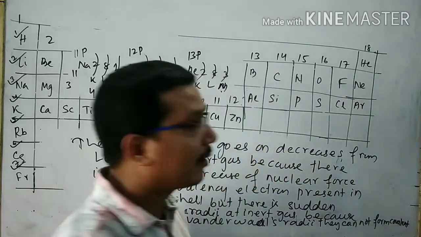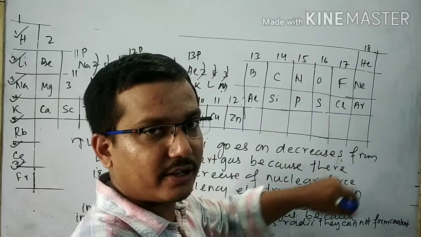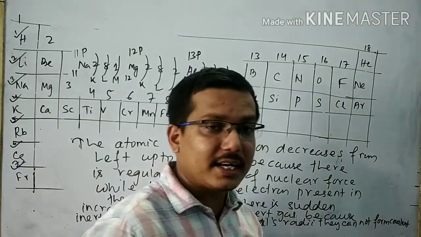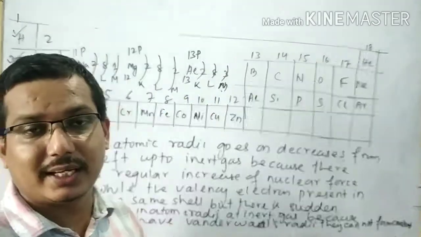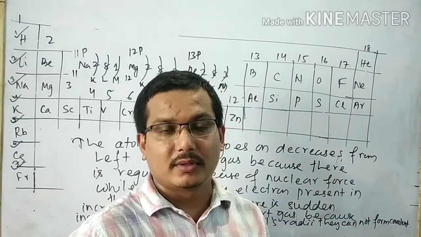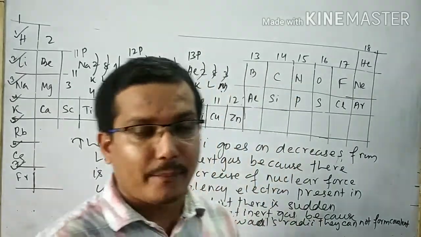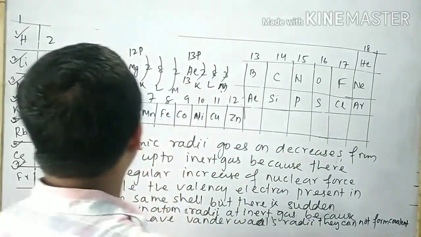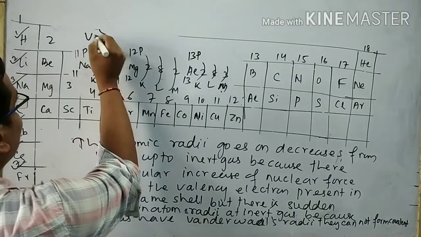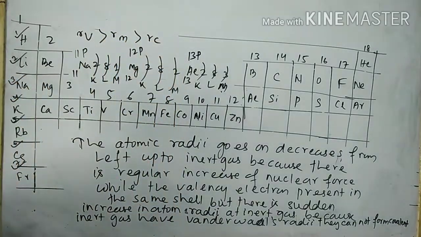If the inert gas, this means helium, neon, argon, krypton, xenon, radon, can form covalent bond, then it has covalent radii. But it is only able to form the van der Waals radii. We know that van der Waals radii is greater than metallic radii, which is greater than covalent radii.